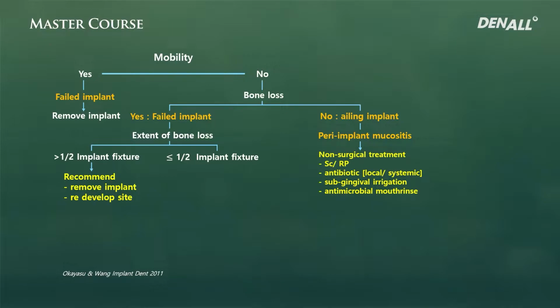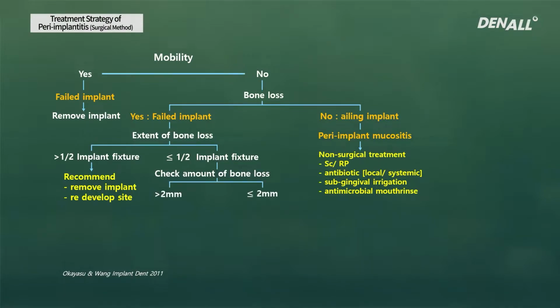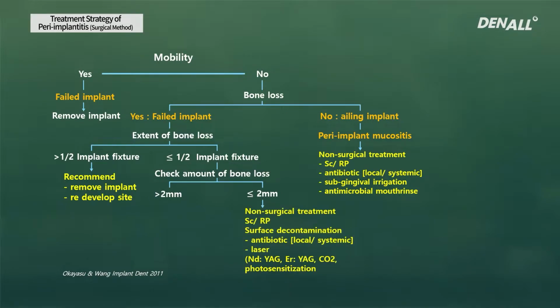On the other hand, if it is less than half that of the implant body, in that case, you need to check the level of bone loss. If bone loss is less than 2 mm, if it is 1 to 2 mm, you can use a non-surgical method first and check the response before making the decision.